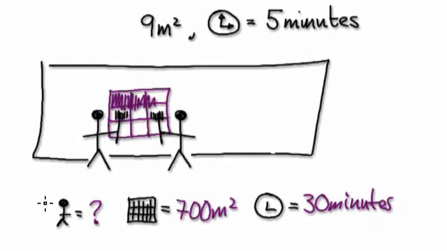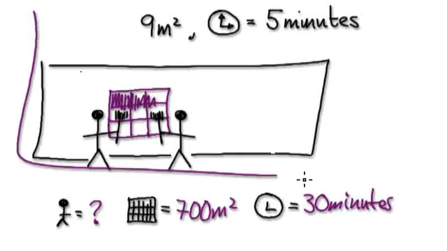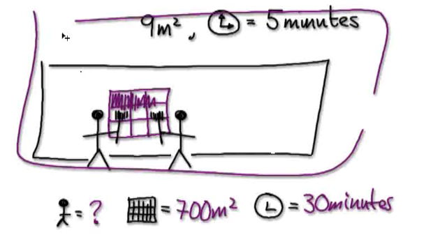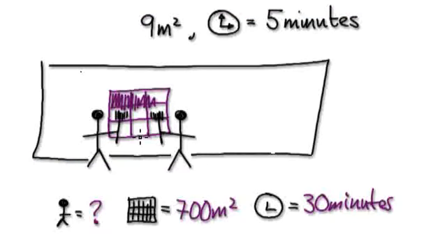Okay, so start by summarizing the current situation here. The current situation is two employees, nine meters squared. So two employees can paint nine of these squares here, in 5 minutes.